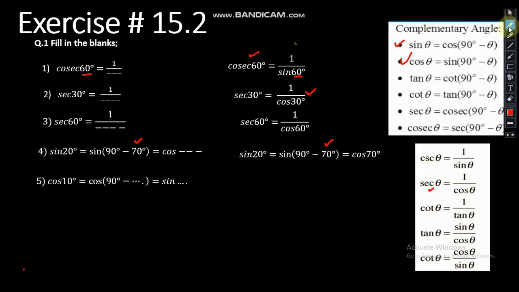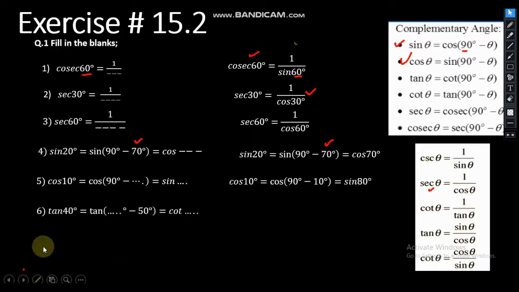We use cos of 90 degree minus theta, where theta is 10. When we subtract 10 from 90, it is equal to 80. This is the answer. Now next question.